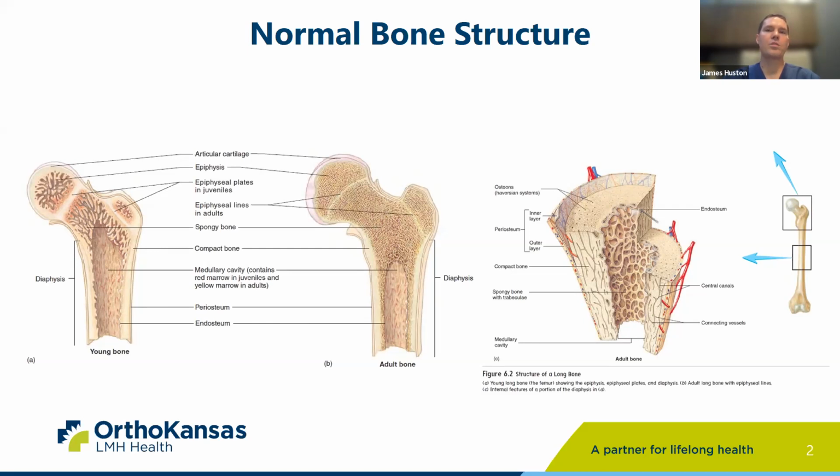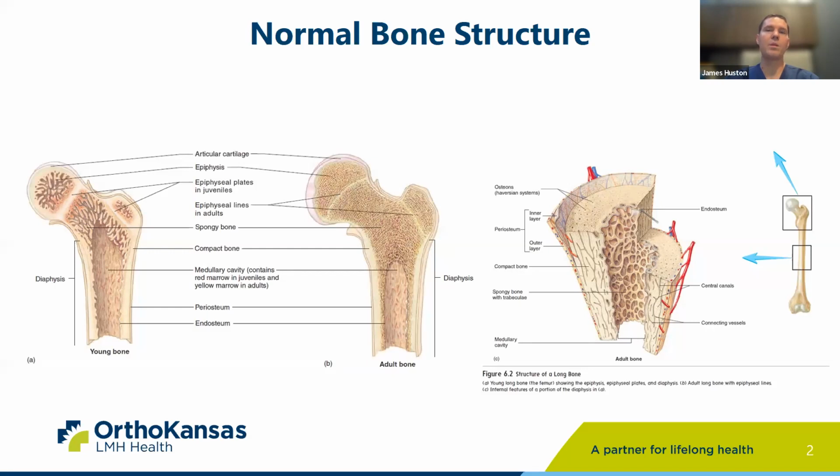The outer portion of the bone, the ring around the outside, is called the cortex, and it is a very dense, hard area. But the majority of the inner area is spongy. It's a matrix of tissue that actually has a lot more going on within it.